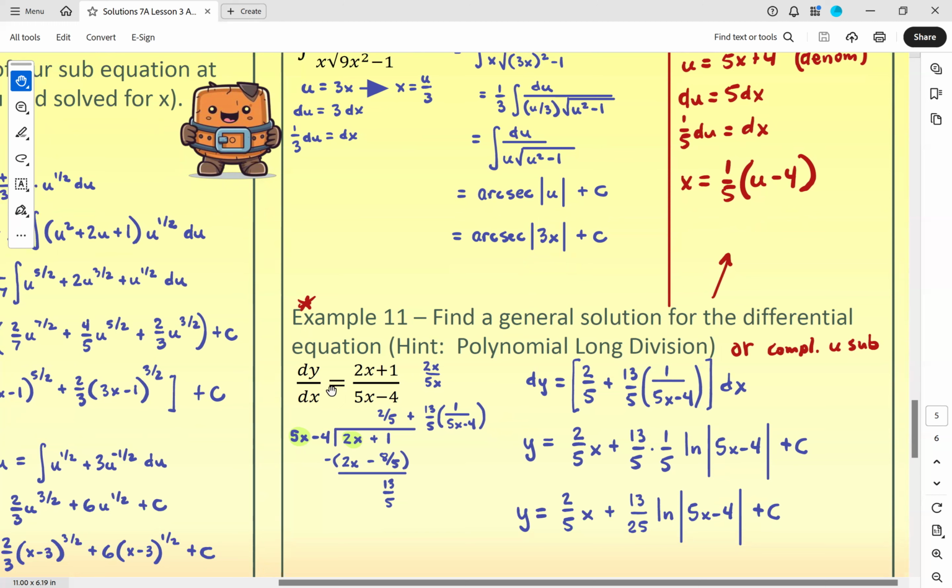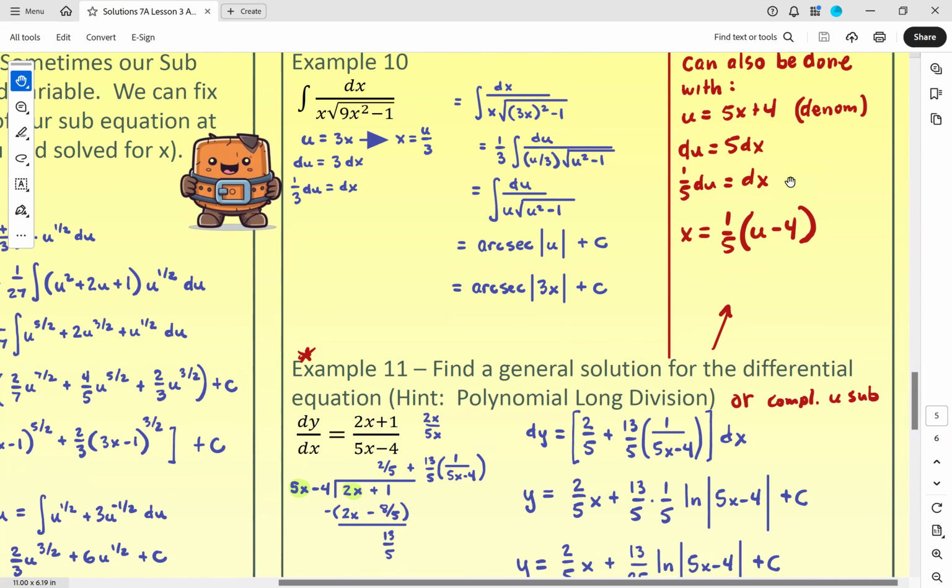All right. The reason this problem is showing up here is because it is possible to do it with a complete u-sub. If you look back up to the right, I can show you how you would go about doing that.